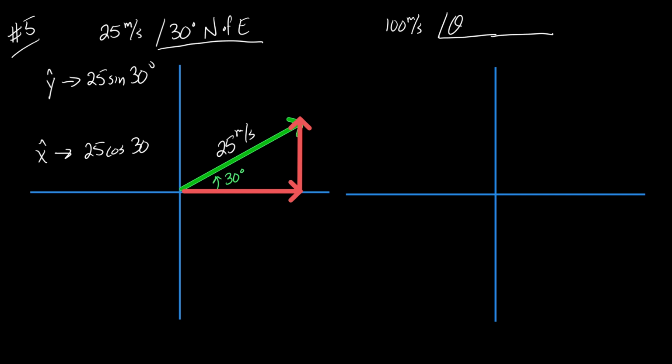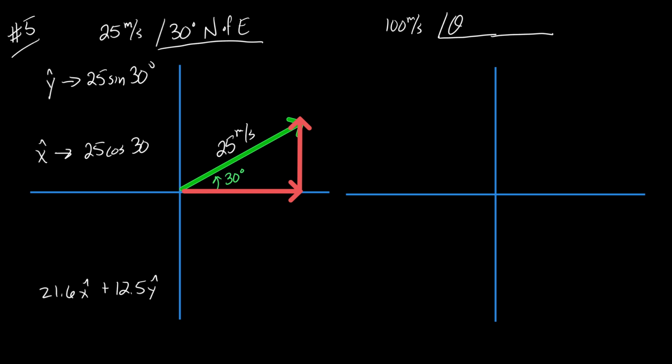Looking at what quadrant that's in, they're both going to be positive. So I'm thinking, let's see, 25 times cosine 30 gives me 21.6 x hat plus 12.5 y hat.